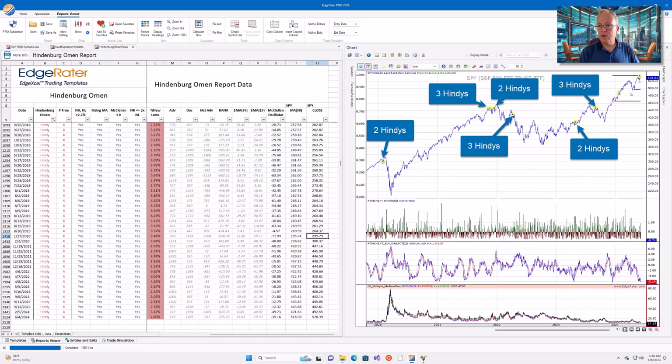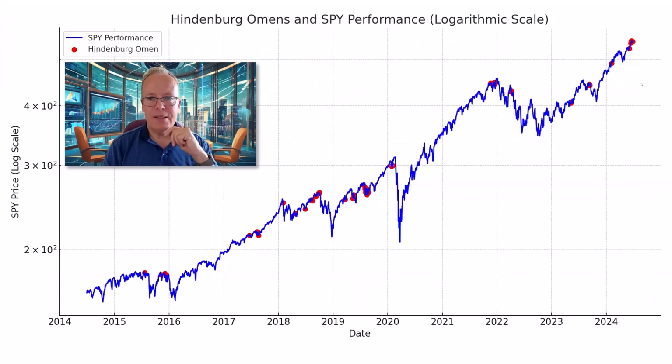So this morning, I took the latest version of this template, gave it to ChatGPT, and asked it to plot me a chart because I was feeling a bit lazy. And it just came up with this chart. Again, it's 10 years of SPY, and the red dots are where the Hindenburg omens have occurred.